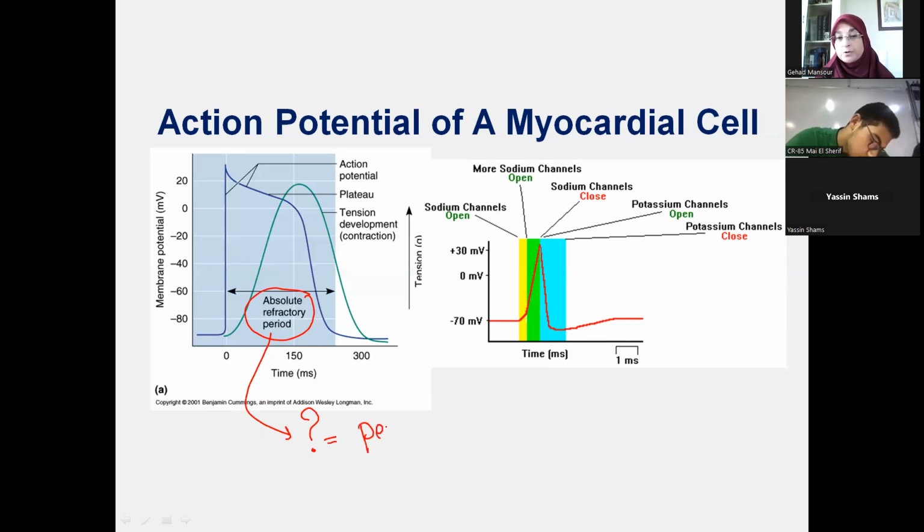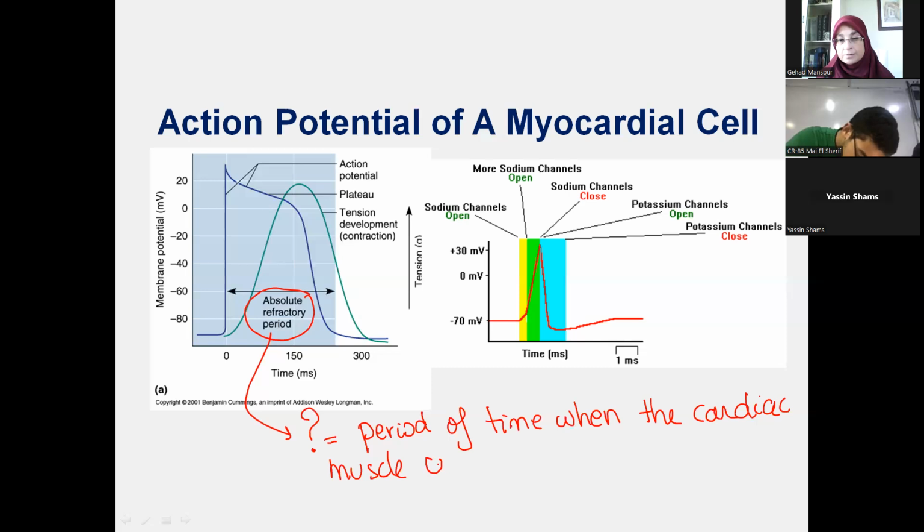It is the period of time when the cardiac muscle cell is absolutely irresponsive. Irresponsive with a double R means non-responsive.